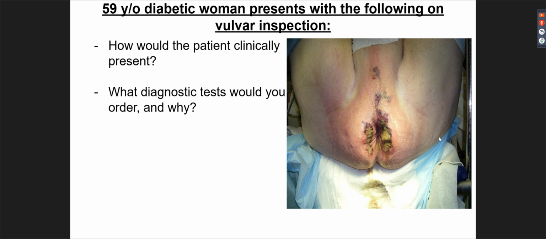Any other diagnostic tests? You said you'd do cultures and a CBC. What else? In this patient, I would get imaging, such as a CT abdomen pelvis with contrast. And what do you think it will show you? It depends on what's going on, but if she has cellulitis, sometimes it just shows inflammation and fat stranding. Do you think what she has going on in the perineum is just cellulitis or a little bit more than that?